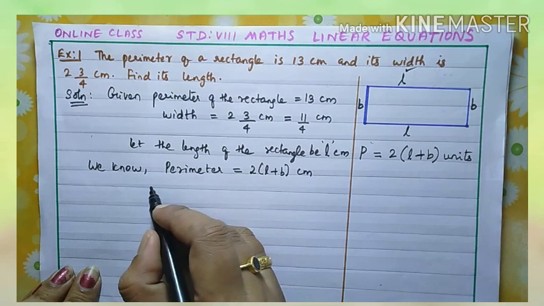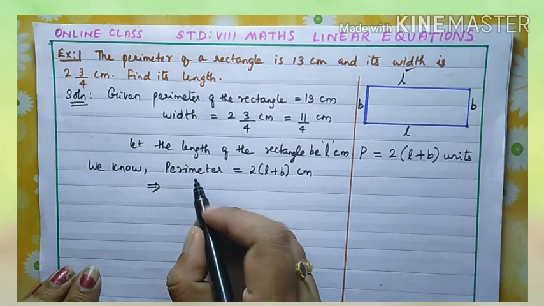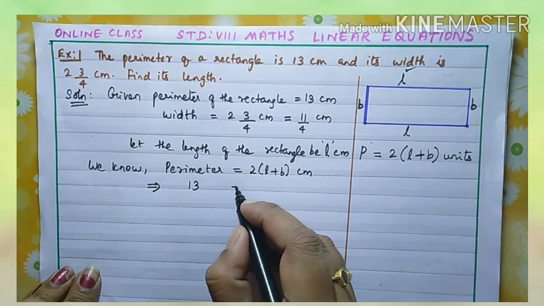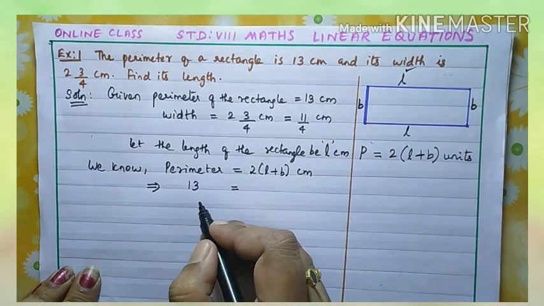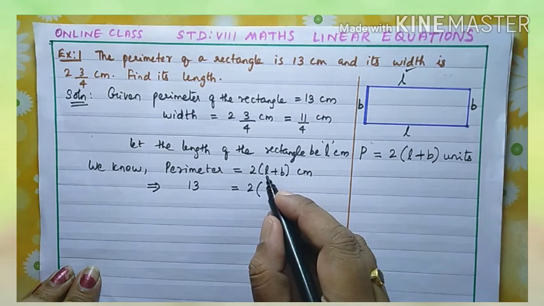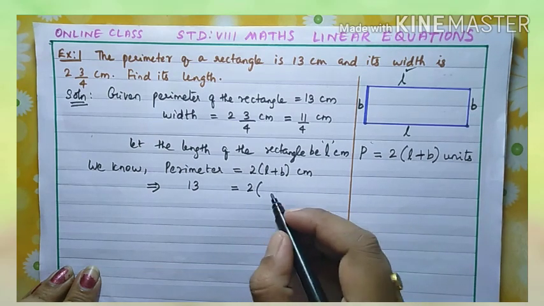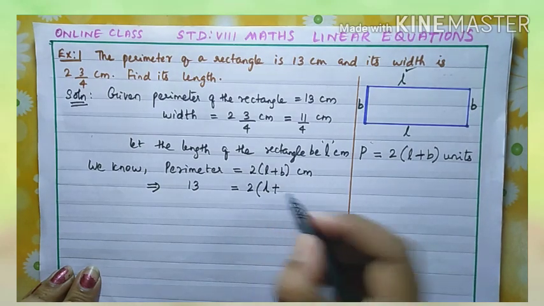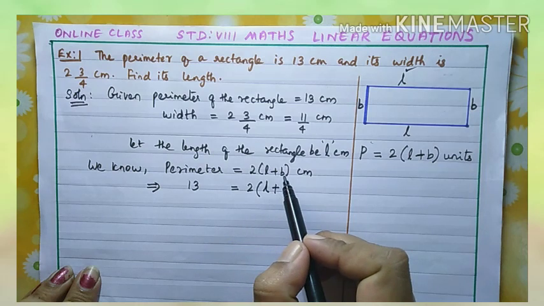We are using the known quantities. This implies, what is the perimeter given in the question? 13. So 13 equal to, known values we are putting in the equation: 2 into L, because length we don't know, that is what we are going to find out, so put L as it is, plus B. What is B? B means width.